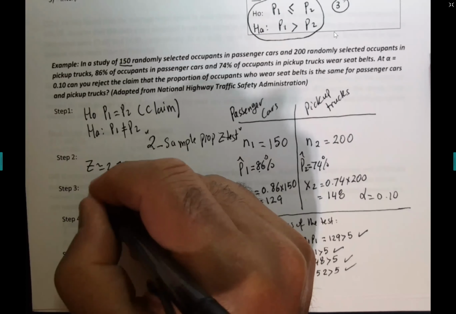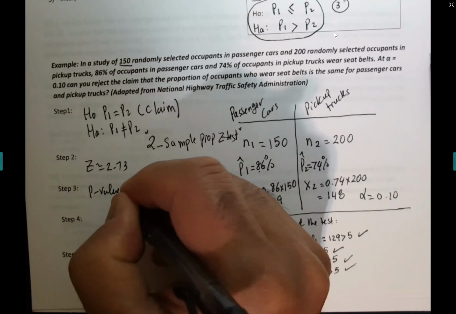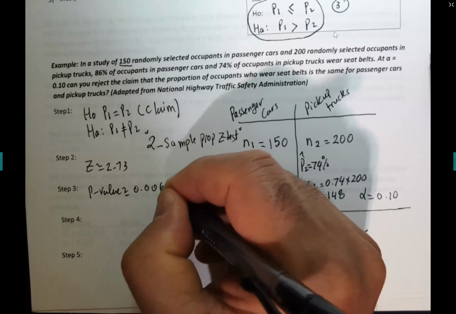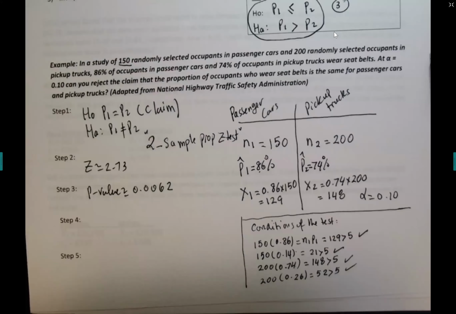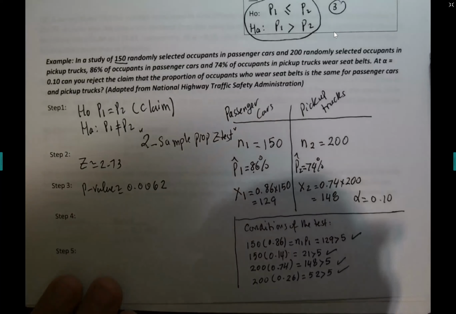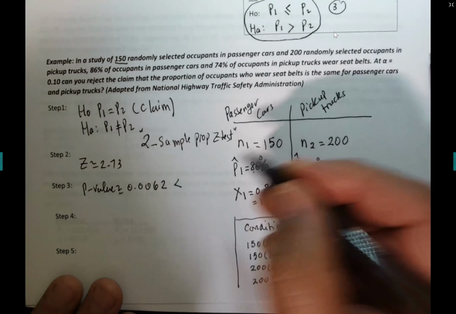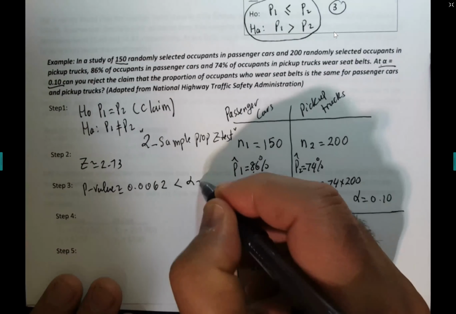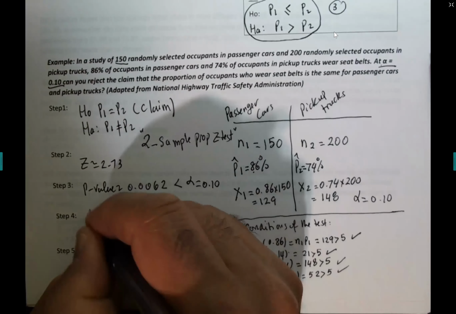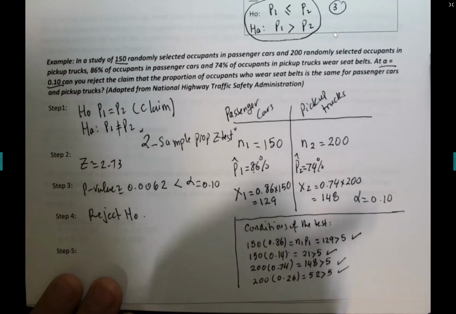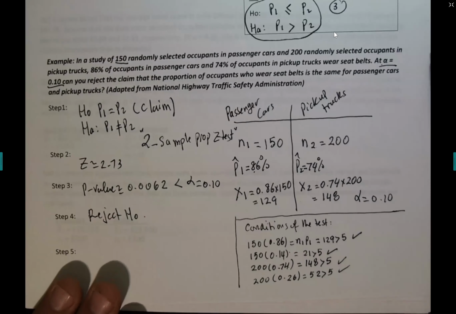Again, guys, just do those questions, go back and redo those questions later. Make sure that you match with my answers. 0.0062, that's the p-value. Oh, first time, p-value is less than alpha. We're going to reject H0. There's alpha, 10%. Reject H0. Why? Because the p-value is less than alpha.